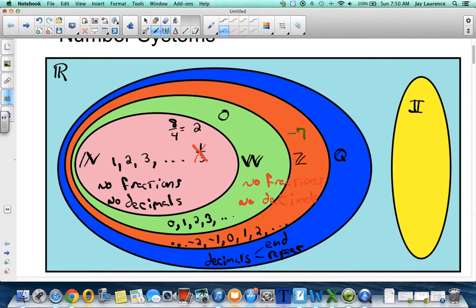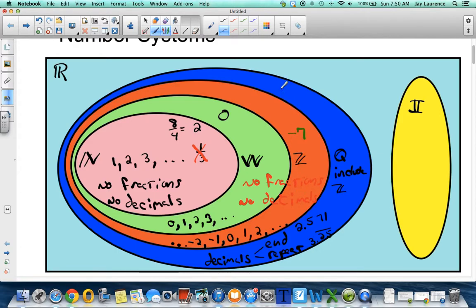So for example, 2.571, 2 and 571 thousandths, it ends. 3.25 repeating. It repeats, okay? So the rationals include all integers and those decimals.